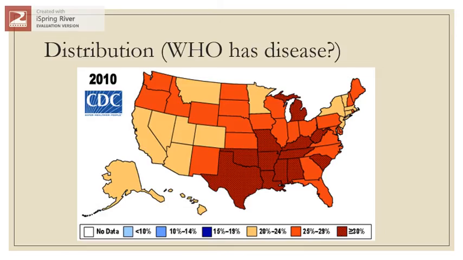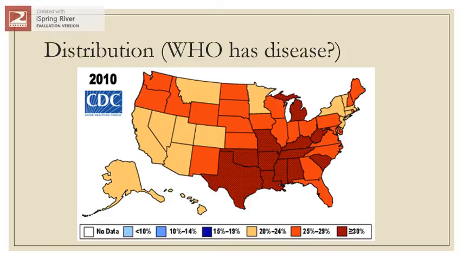So this is an example of distribution, or who has a disease. You've probably seen a map like this before. This is the 2010 obesity map put out by the CDC, the Centers for Disease Control. And what this is showing is within the United States, what is the distribution of obesity? So you can see on the bottom of the figure, there's the legend.